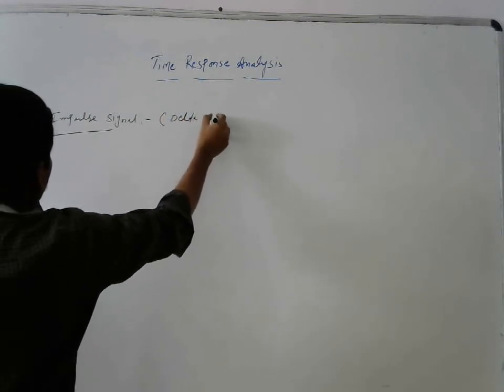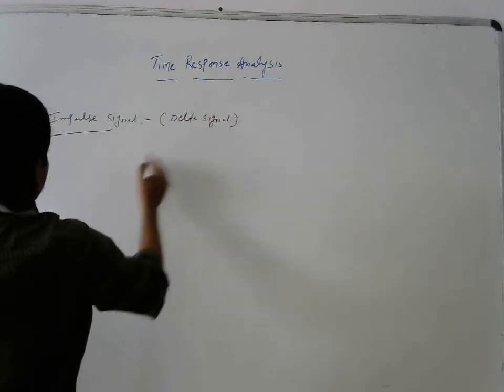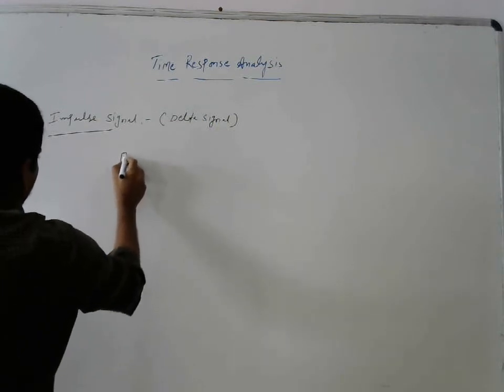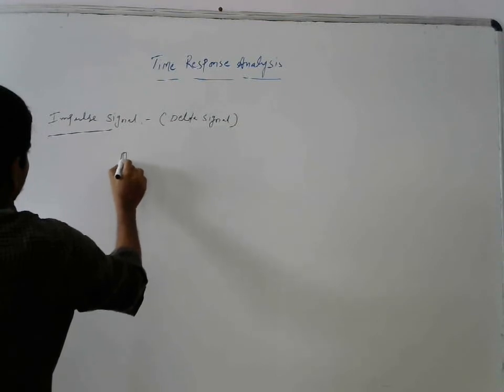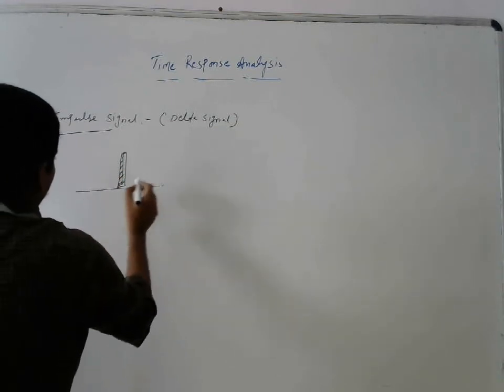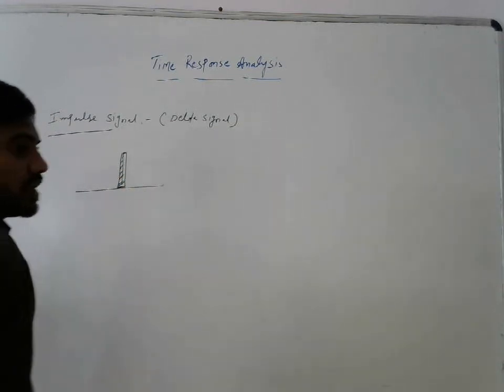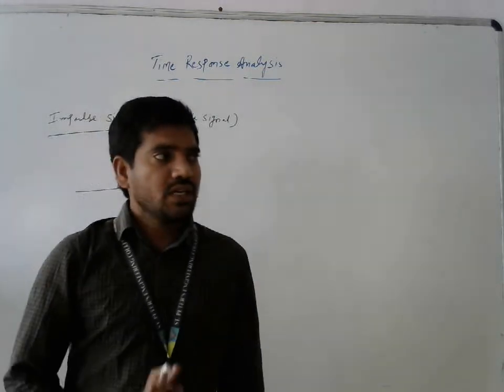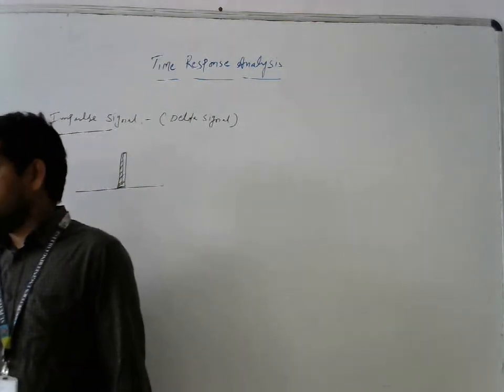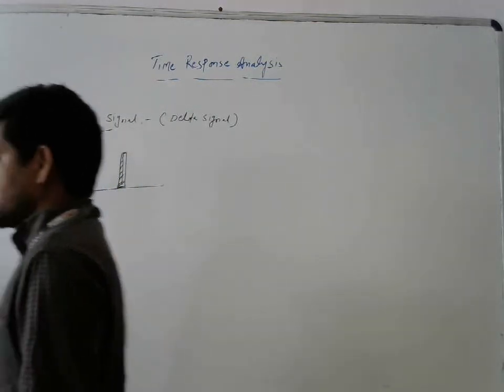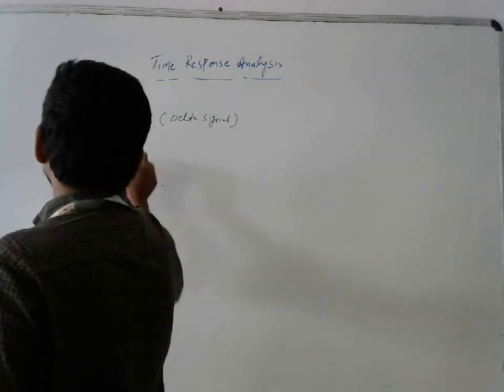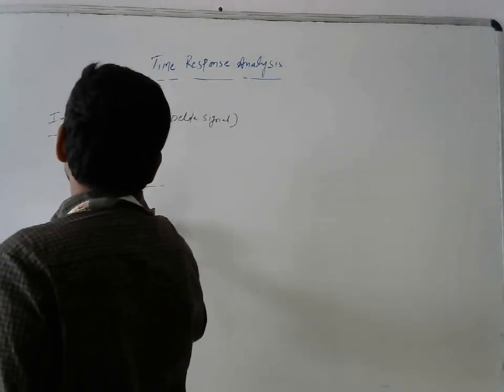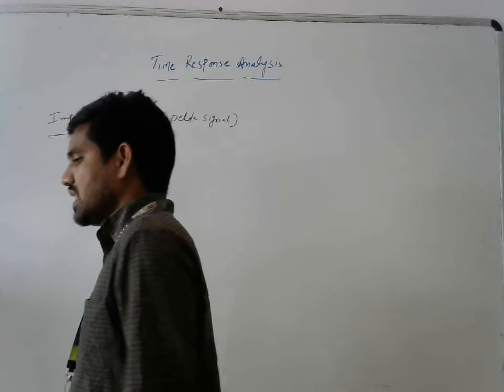How are we going to define this? It works only at t equal to 0. Only at t equal to 0 does it reach its maximum value, its infinity.